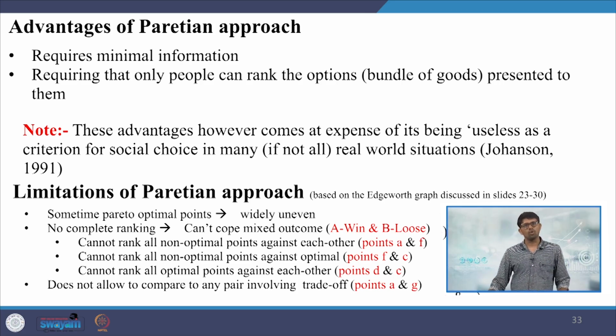We cannot even rank all optimal points against each other, that is from point A and F, and cannot even rank all non-optimal points against optimal ones, that is F and C. Even cannot rank optimal points against each other from point D to C. This does not allow us to compare any pair involving a trade off, that is between A to G.